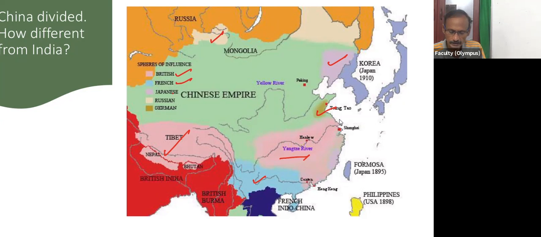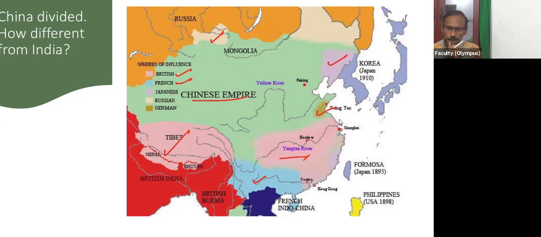So there was the Chinese Empire, but some areas under the influence of various countries. In that way, China was partitioned. There was no one China under one colonial power.